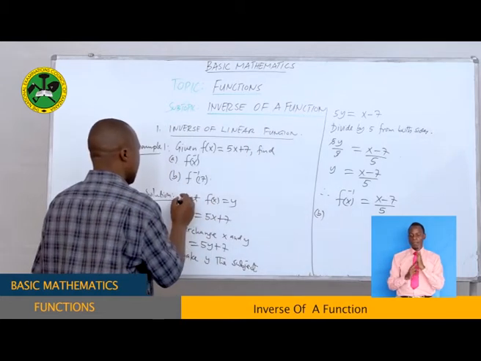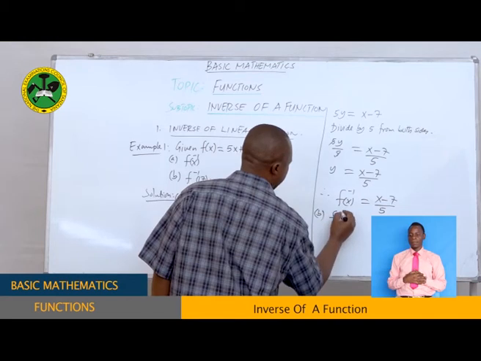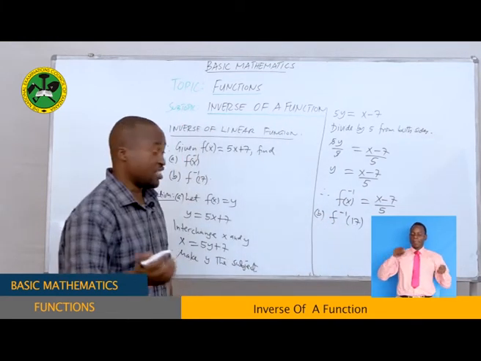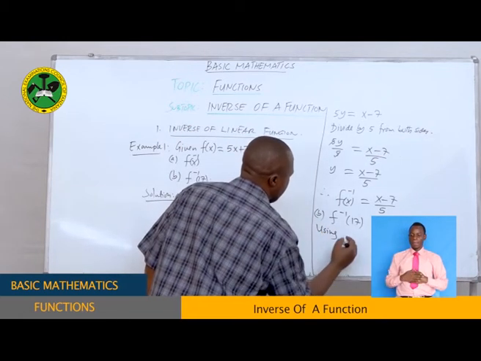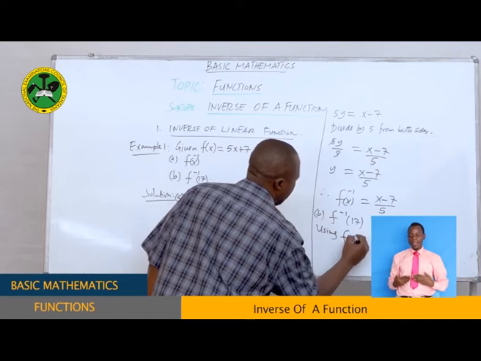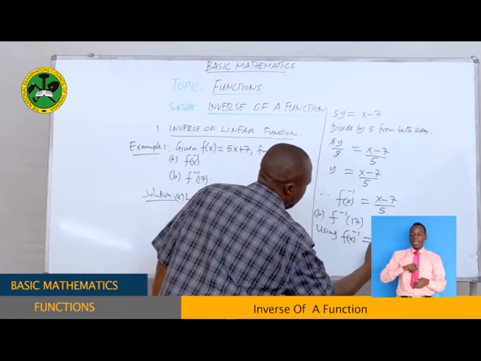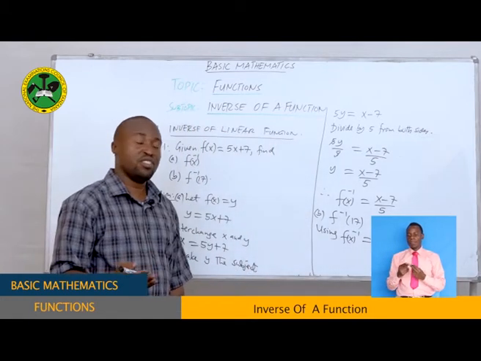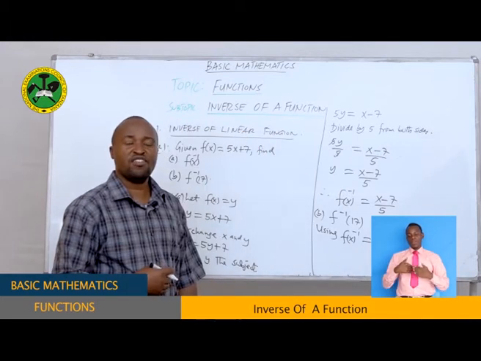This one was a. That is to find f inverse of 17. So in this case, we are using f of x inverse is equal to x minus 7 over 5. So we substitute 17 in our inverse of the function.